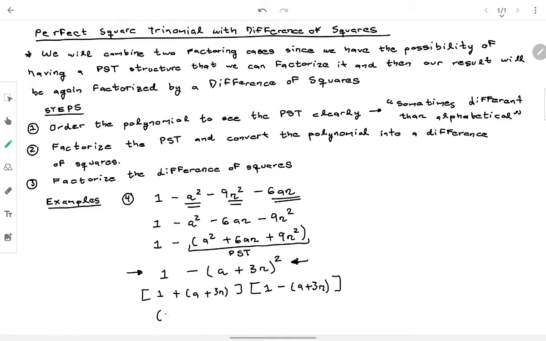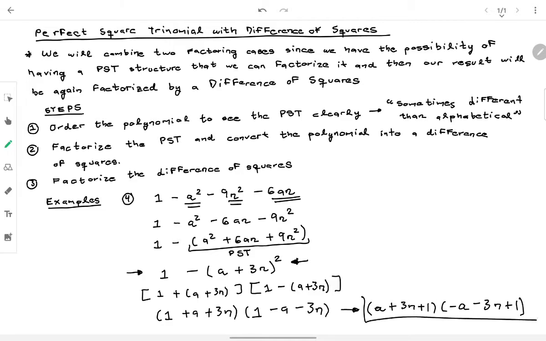So we will have 1 plus a plus 3n that multiplies 1 minus a minus 3n. So the correct ordered answer should be a plus 3n plus 1, and in the other one is going to be minus a minus 3n plus 1, and that will be my final answer.